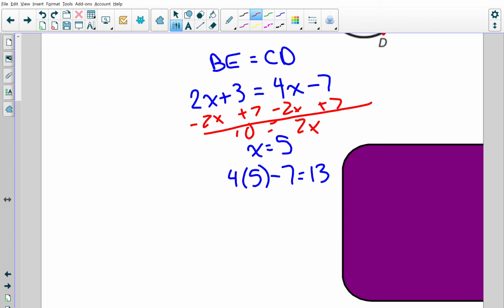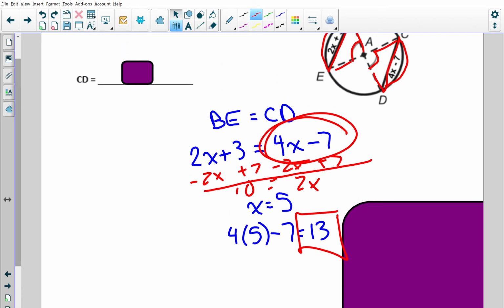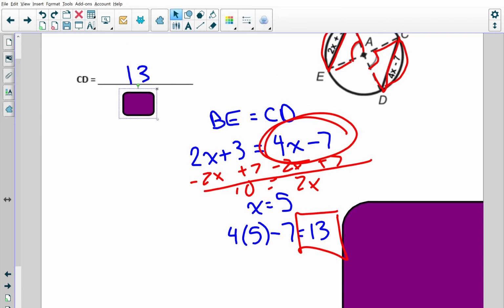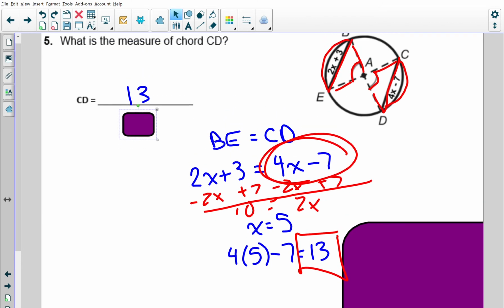And when you plug 5 back into the original, you get 13, which you see is the answer. Best answer of all, 13. So the angles intercept the chords, which intercept the arcs. All that stuff is congruent. Well, chord to chord, arc to arc, angle to angle. All right, moving on.